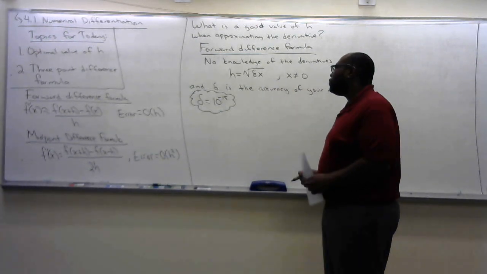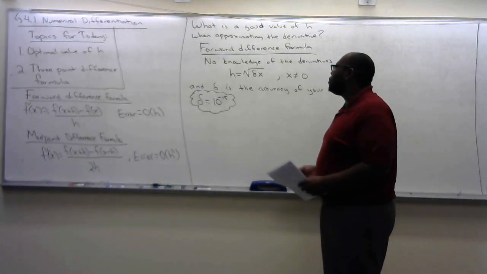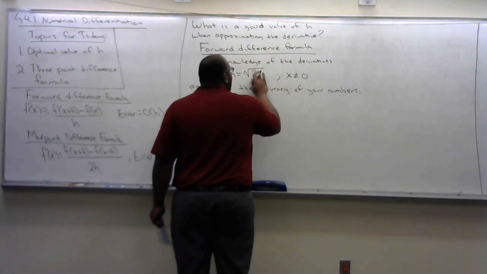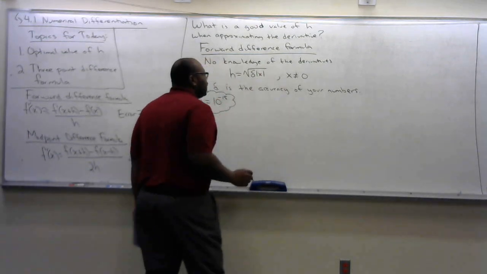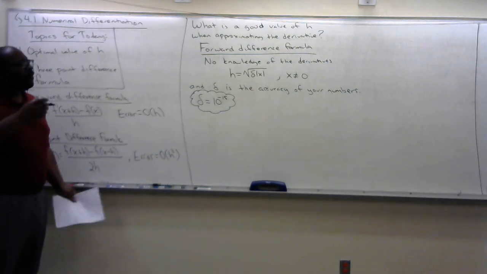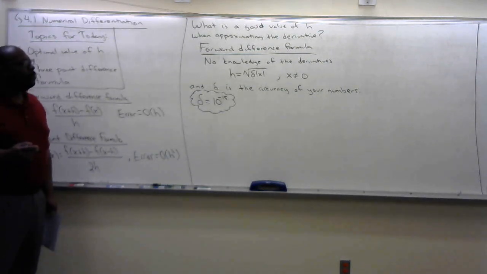So h equals the square root of delta times the absolute value of x. This is a good ballpark figure to choose for h when we have no knowledge of the derivatives.